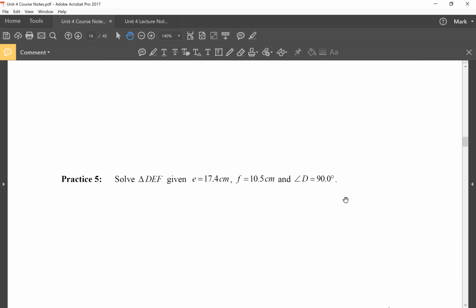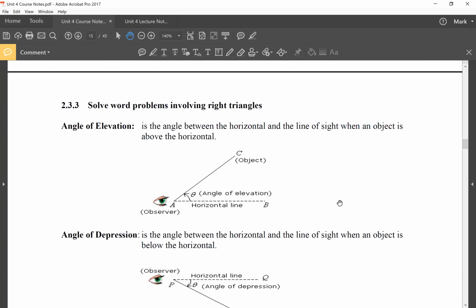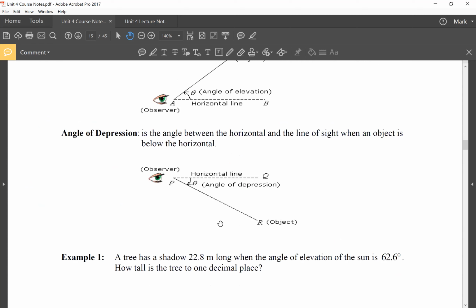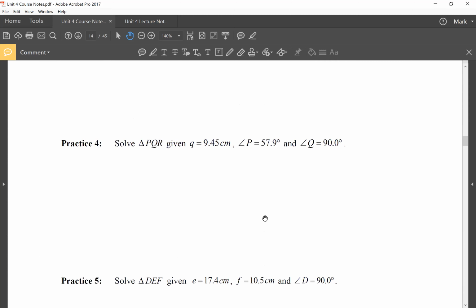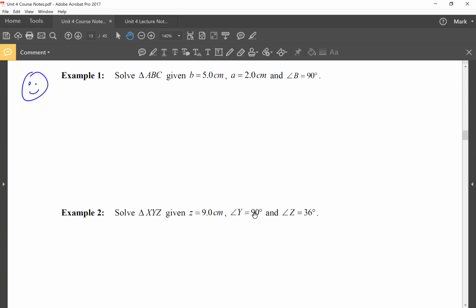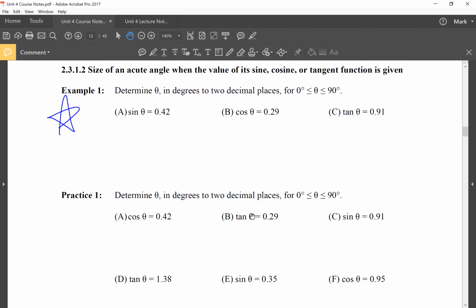And then there's lots of practice on this, and then a word problem. So something like this, wink, wink, you need to know. And if I can get through 2 of these examples, then there's literally only 1 thing left in this entire course, and it's super quick. So let's do this part.